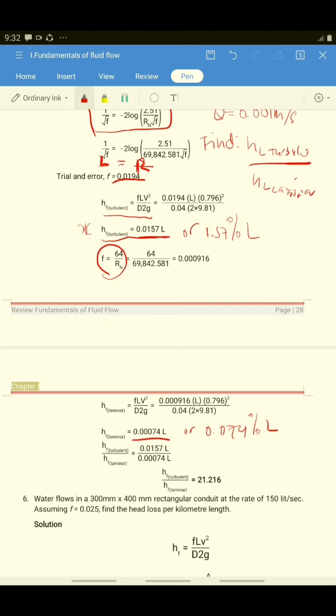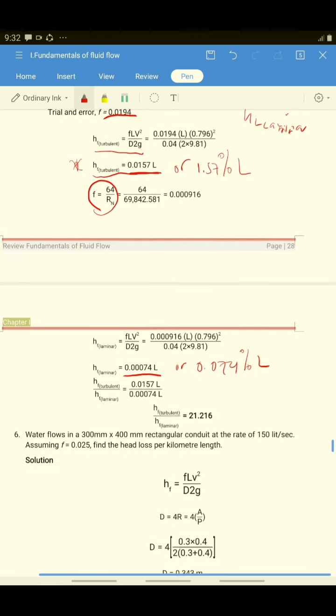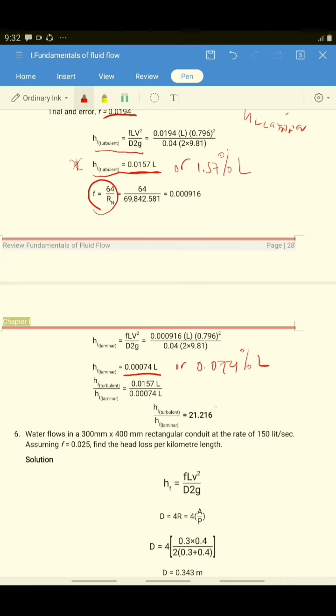Same as the head loss in laminar flow, that is equal to 0.074 meters. Okay, so I hope you got it, but the question is, what is the ratio? So the ratio is just equal to 21.216.